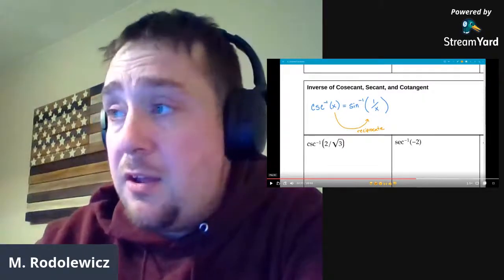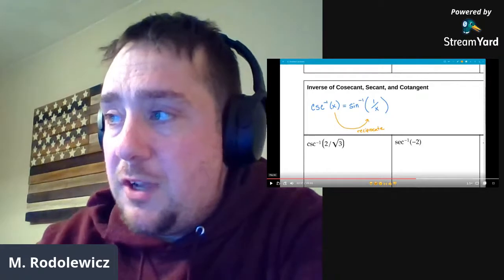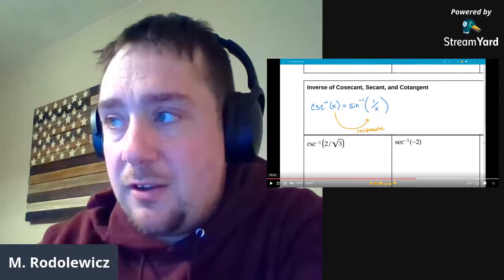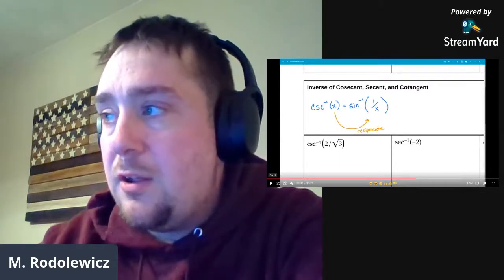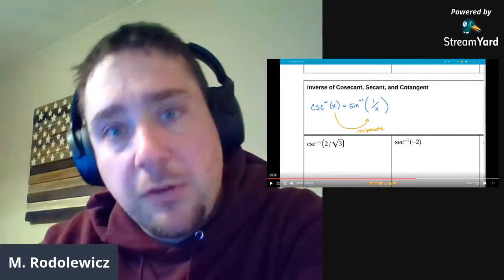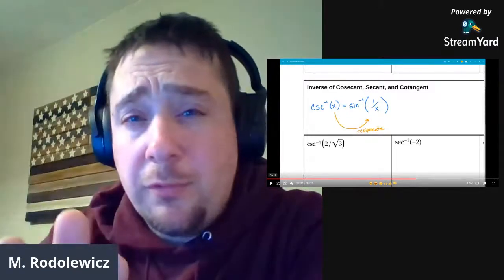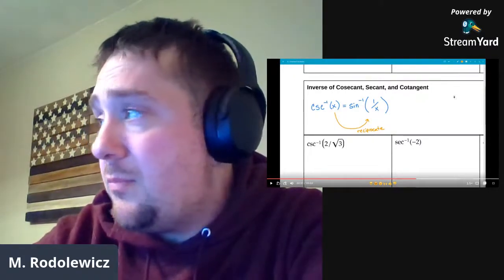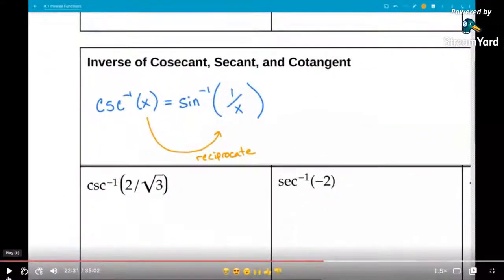You reciprocate your input, if you will. So the inverse cosecant becomes inverse sine, and what's inside the inverse cosecant reciprocates as well. So you're basically reciprocating both parts. That's not a proof. It's a way to memorize how to apply the definition. And the same is going to be true for the remaining quotient functions.